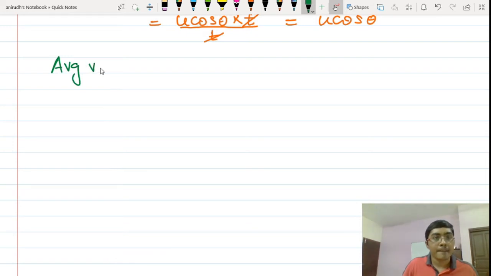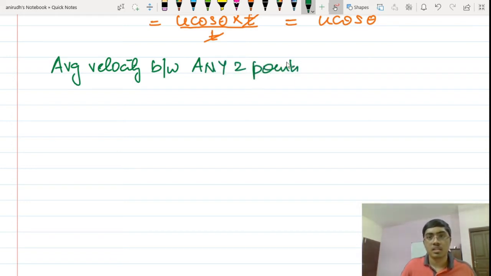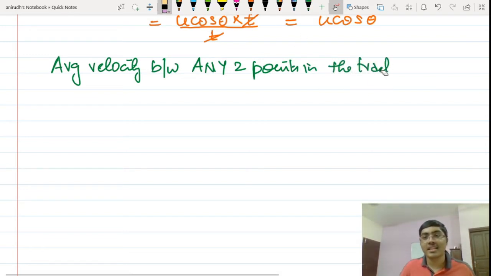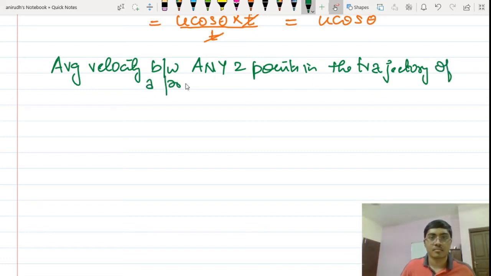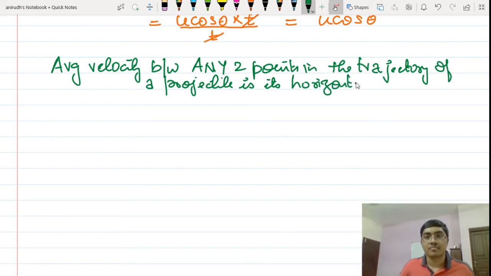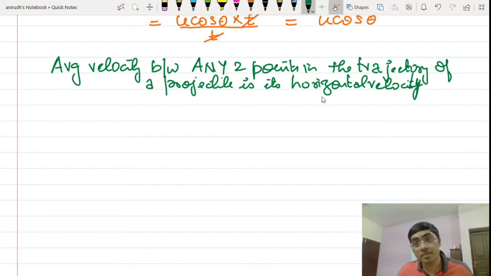The average velocity between any two points in the track of a projectile, or I can say trajectory of a projectile, is its horizontal velocity.